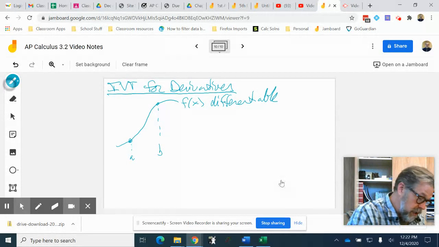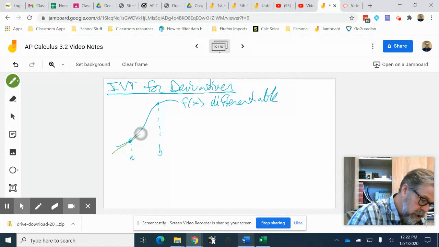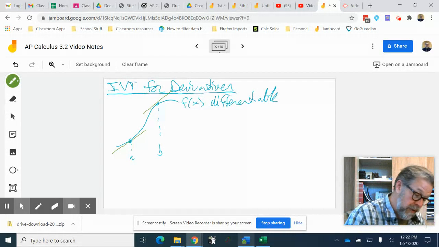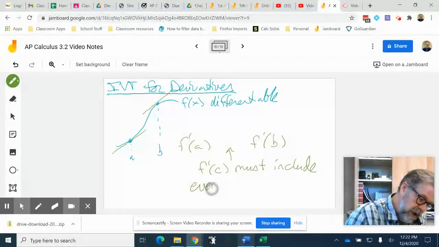that the derivative of the function must take on every value in between those two derivatives. So I've got f prime of A, I've got f prime of B, and every possible value, f prime of C, must include every value between.